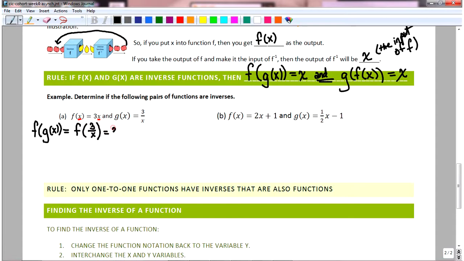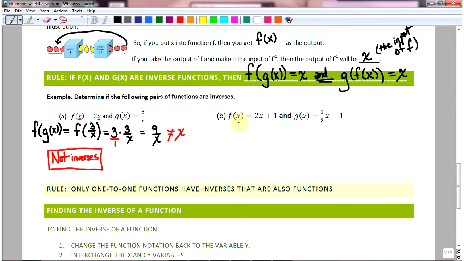So this is going to equal 3 times 3 over x. Notice the 3's don't cancel. 3 is the same as 3 over 1. So we end up with 9 over x. Since this does not equal x, these are not inverses, because the rule above told us that that composition should equal x if they are inverses.